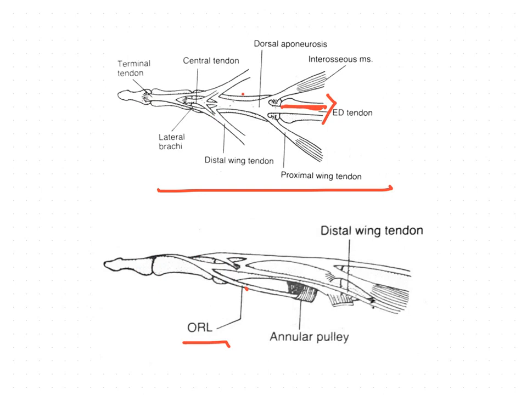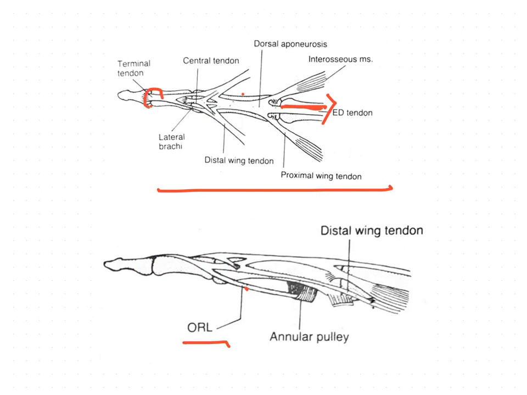If the lateral bands and the terminal tendon are already tensed by distal interphalangeal flexion, what happens?